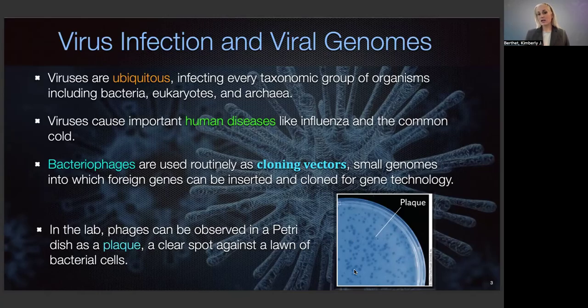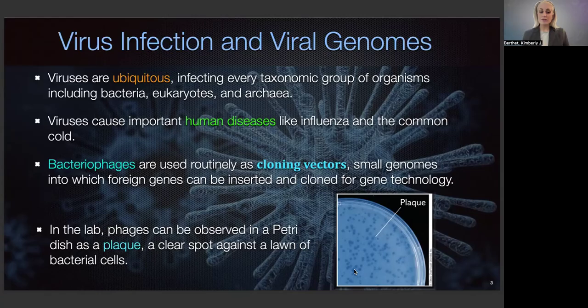Then we released 20 to hundreds of viruses around them. Those viruses infect the surrounding cells, go in, replicate, lyse open those cells, and then we have another release layer of viruses affecting the next cells around them. And this continues on until we see a visible clearing, a plaque on the plate.